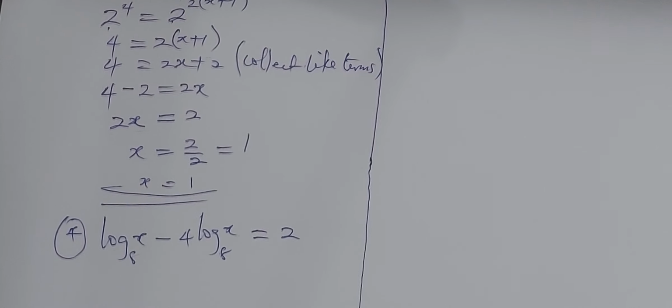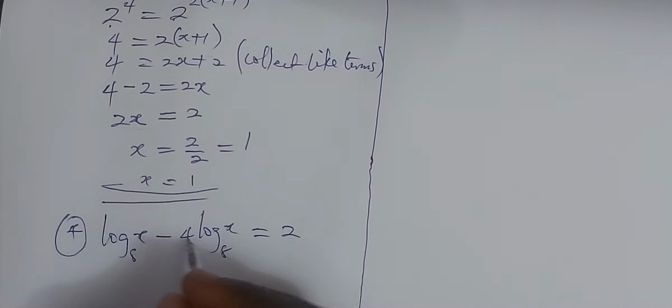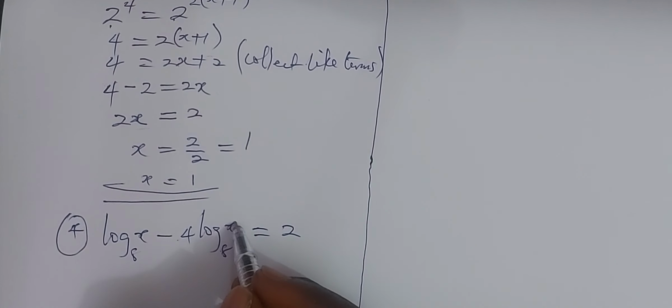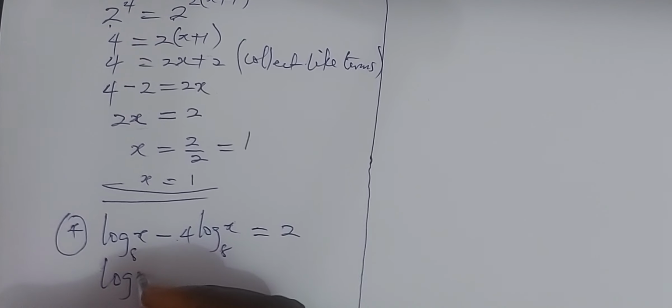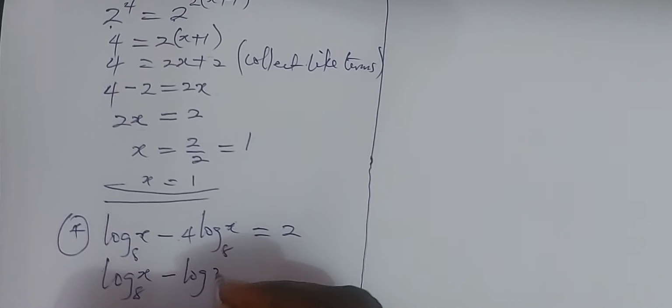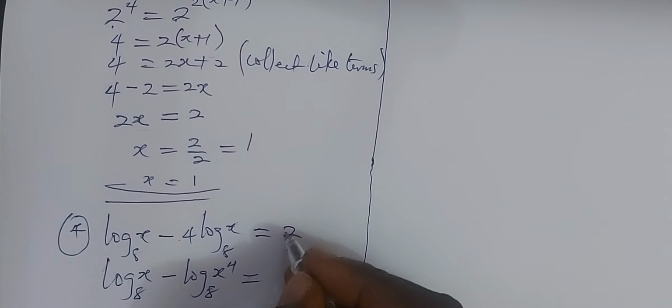So let's solve for x. Remember, this 4 can be moved to be the power of this. You can change it. We have log x to base 8 minus log x raised to the power of 4 to base 8 equals 2.